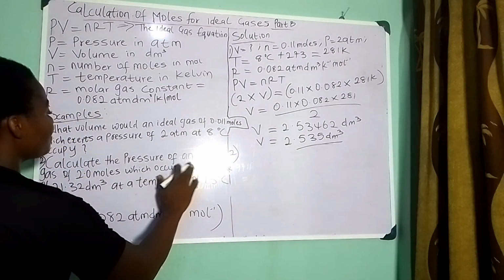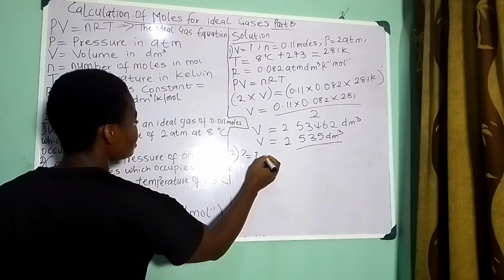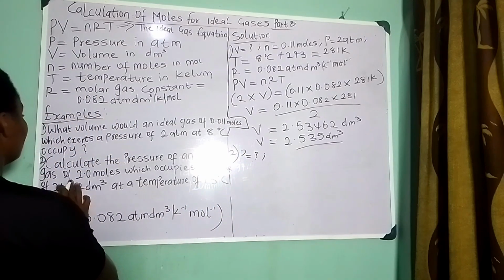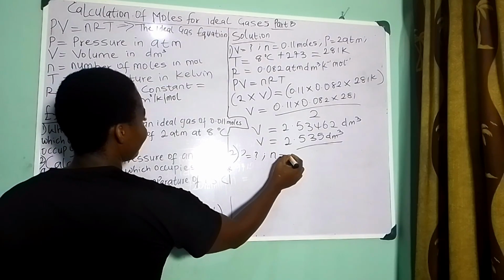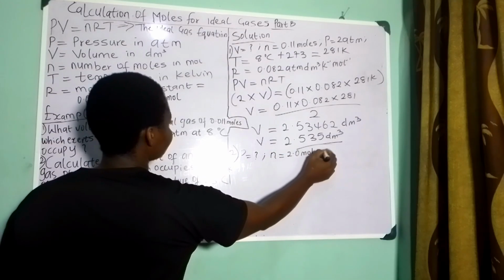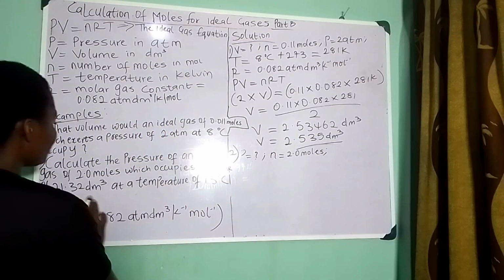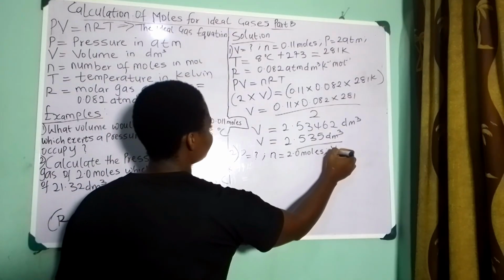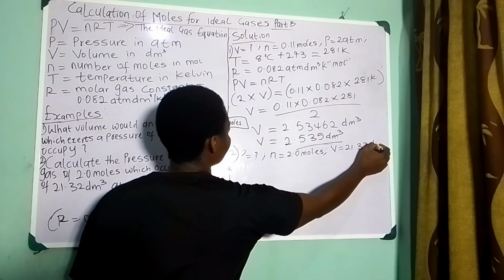Alright, now let's go ahead and solve it together. Calculate the pressure of an ideal gas. That means we do not know our P. Of 2.0 moles. Our moles talks about n. Which occupies a volume of 21.32, that is V, in dm³.